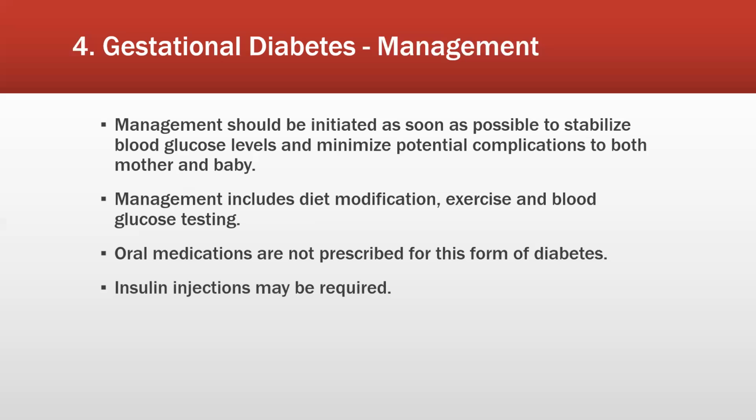I think it's important to mention that all of the complications of poorly managed high blood glucose levels in our diabetic patients are consistent in gestational diabetes. So you have circulatory issues, increased risk factors, heart attacks, strokes.